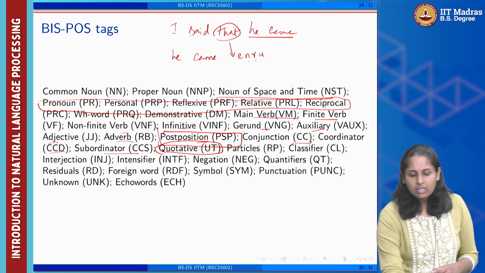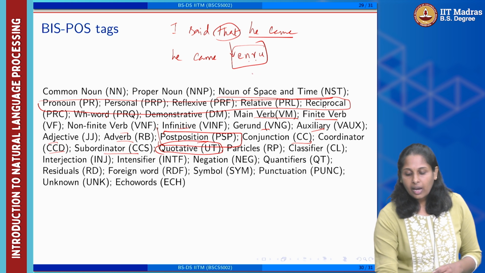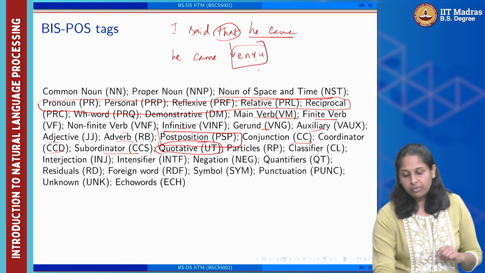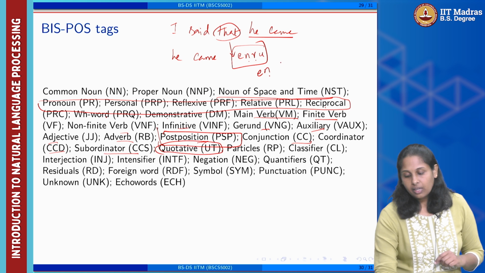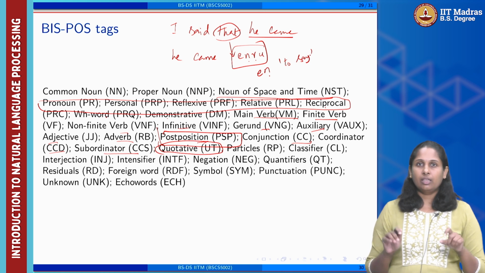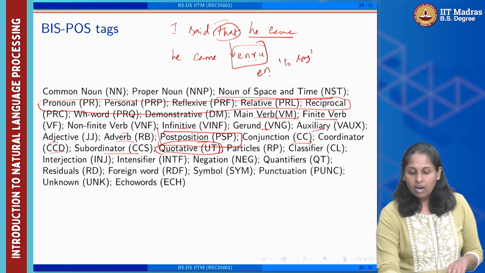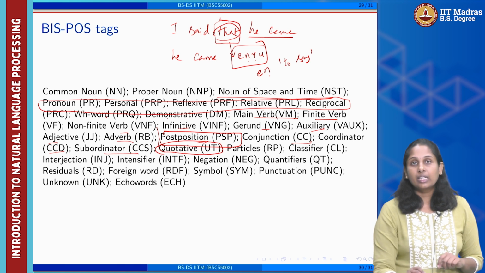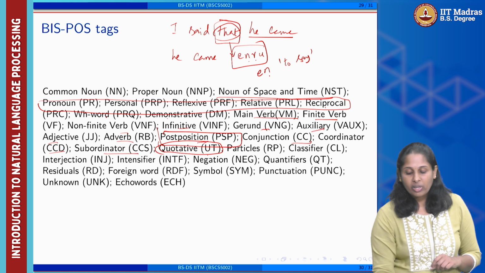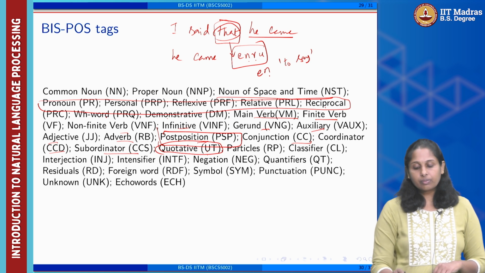Avan varuvan endru naan sonneen. Okay. So this endru is nothing but a conjunctive participle form of the verb en. En is nothing but to say. So to say is nothing but to quote something, right? So these quotatives, especially the complementizer marker in English, are equivalent to the quotative marker in Indian languages. So that's been addressed here.